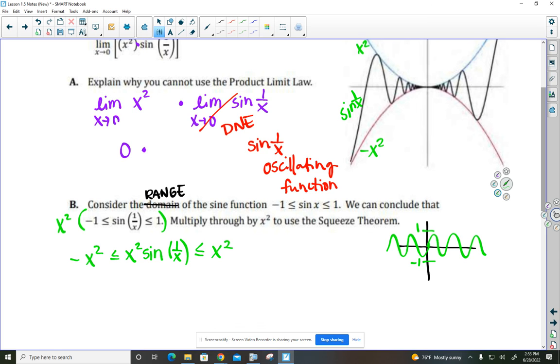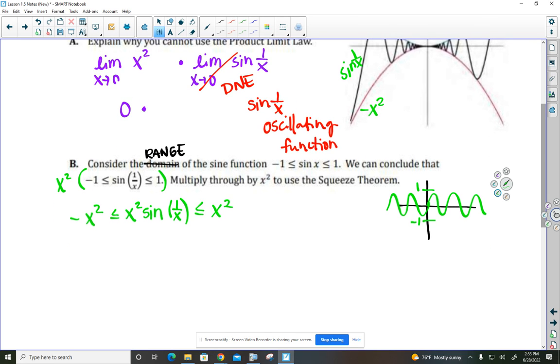That sine of 1 over x is being squeezed between the other two. So remember how to use our squeeze theorem. If we can prove that the limits of these two functions as x approaches that target value of 0 are the same on the ends, from negative x squared and x squared, then we know x squared times sine of 1 over x, the limit of that as x approaches 0, must also be the same.